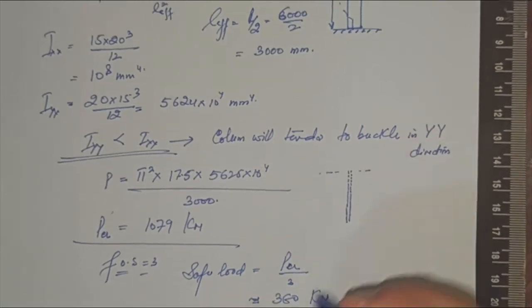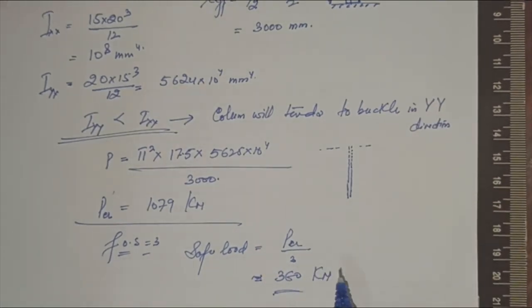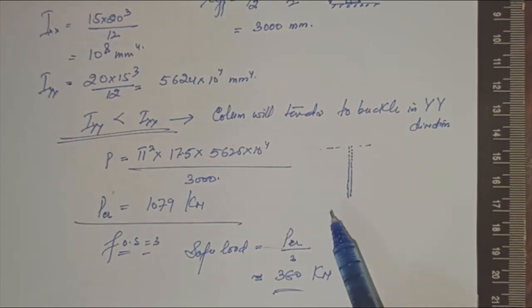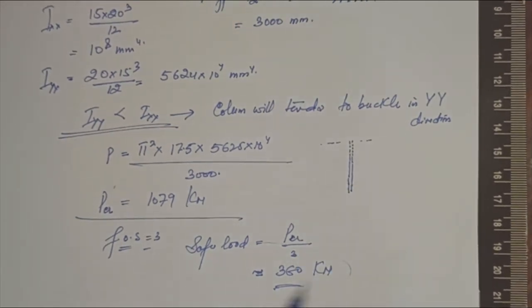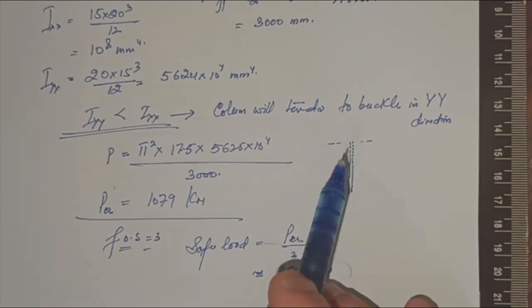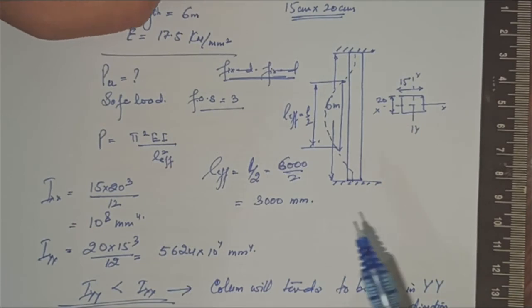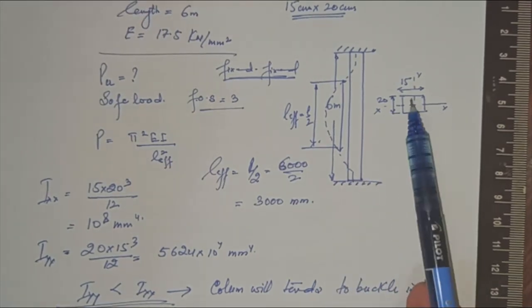In that case, the safe load for the machine, so that the structure does not fail, so that the machine does not fail itself, is around 360 after taking the factor of safety. Okay, so I hope you understand this problem. It's a very simple basic problem. In a similar way, these problems can change depending upon the type of boundary condition, or depending upon the cross-sectional area.